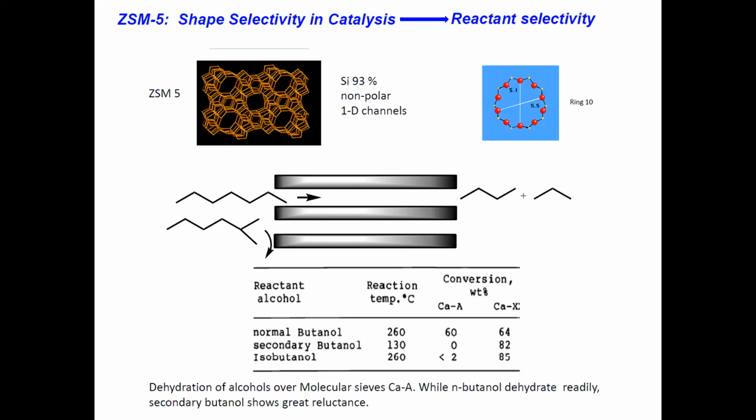This means it has channels which go across the structure without changing size. On the right-hand side, I have shown you how the channel looks. Now, schematically shown below, you have these channels, and these channels allow only certain reactants to go through because of size constraint. So others cannot go.